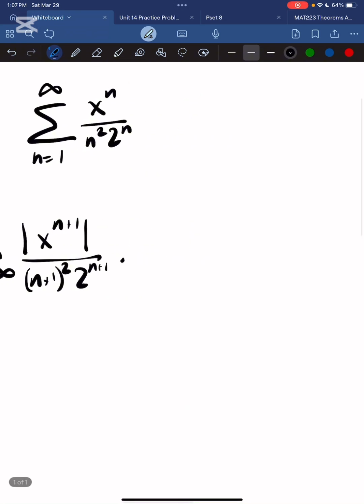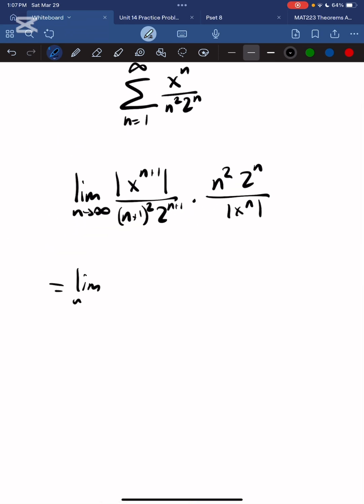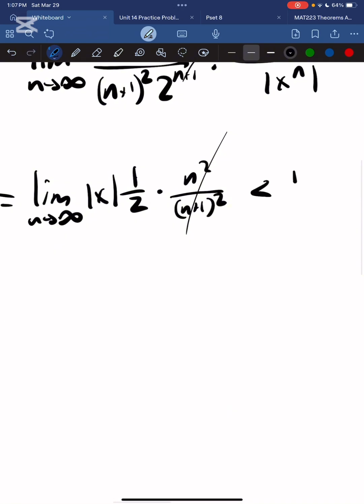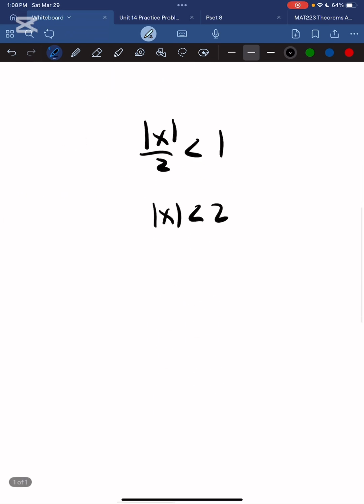We divide this by just the normal term. And we know this is equal to the limit as n goes to infinity of the absolute value of x. These two cancel out to just 1 over 2, and we have n squared over (n plus 1) squared. These cancel out to 1. And we know all of this has to be less than 1. So the absolute value of x over 2 has to be less than 1, meaning the absolute value of x has to be less than 2, meaning x can be in between 2 and negative 2.